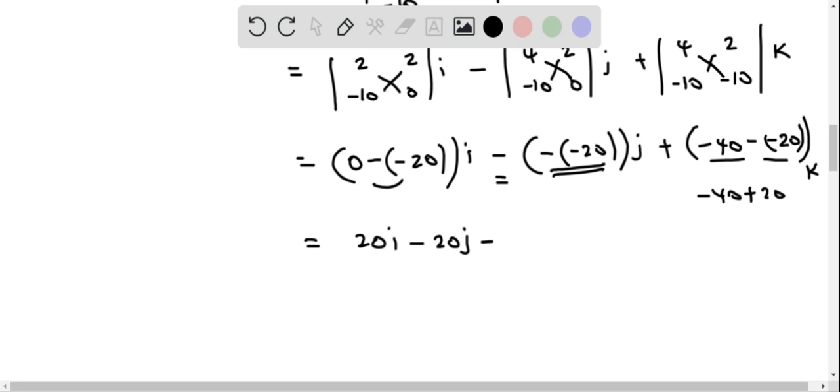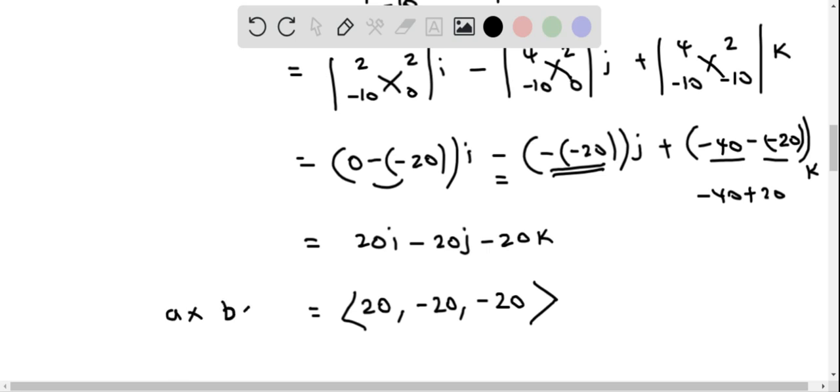So I put negative 20k. Now when we write this in component form, this becomes 20, negative 20, comma negative 20. So this is A cross B cross C.